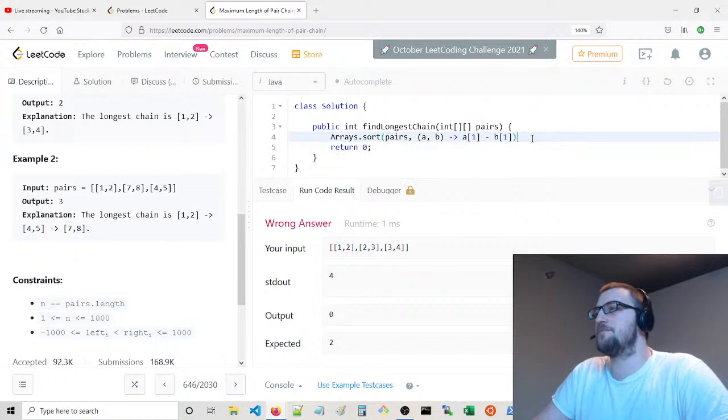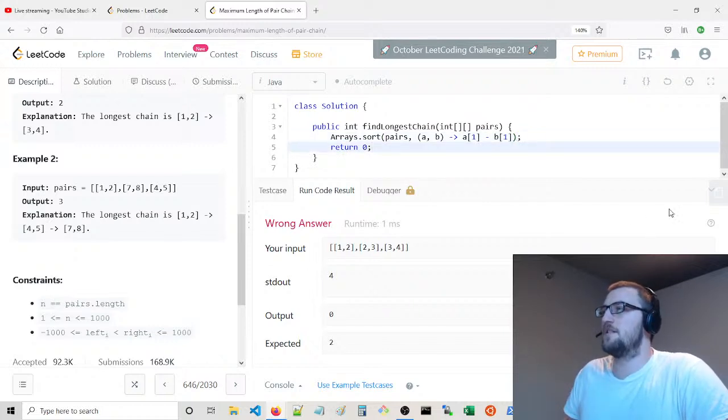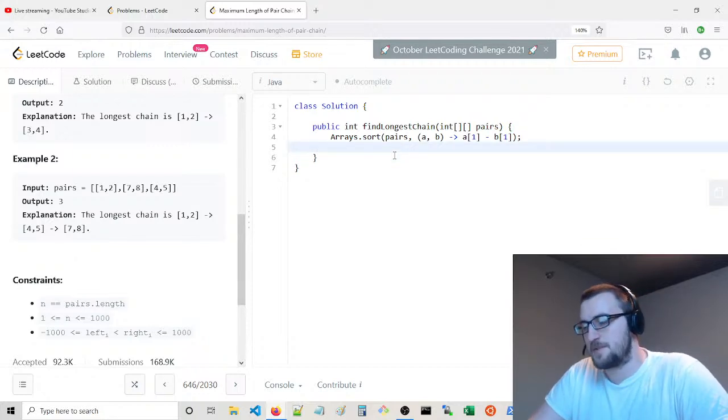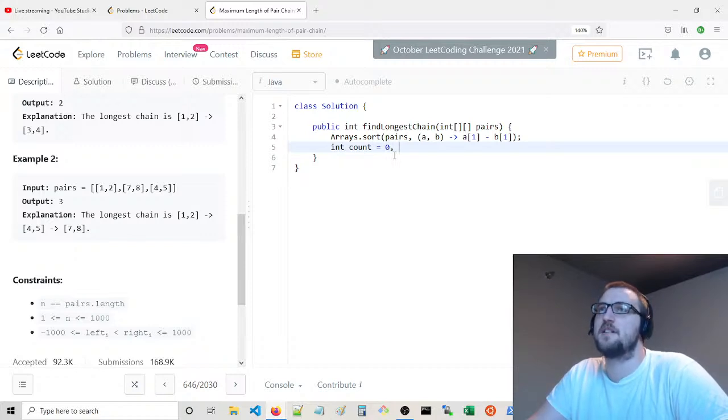Okay, so now we're going to write pretty much the same routine that was written before, almost exactly the same thing. So we have int count, which is what he used. I don't know how else to write it. Current maybe.